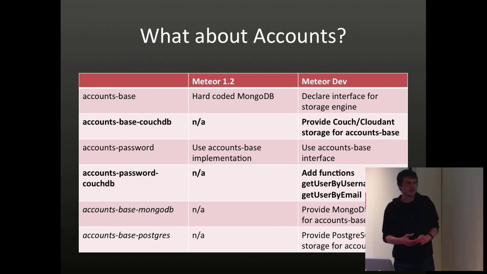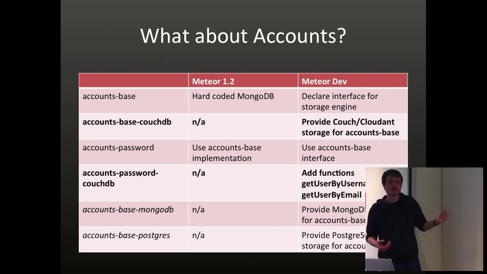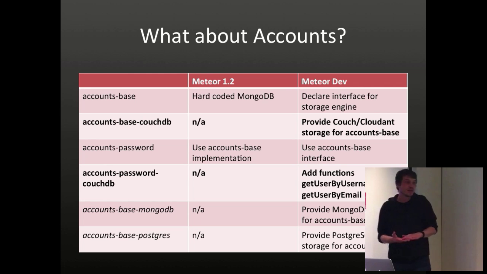Although I read yesterday in some forum posts that two developers who actively worked on the Postgres drivers just recently left the Meteor development group, and now it's kind of uncertain how quickly Postgres will actually come, but maybe you guys have more information on that.